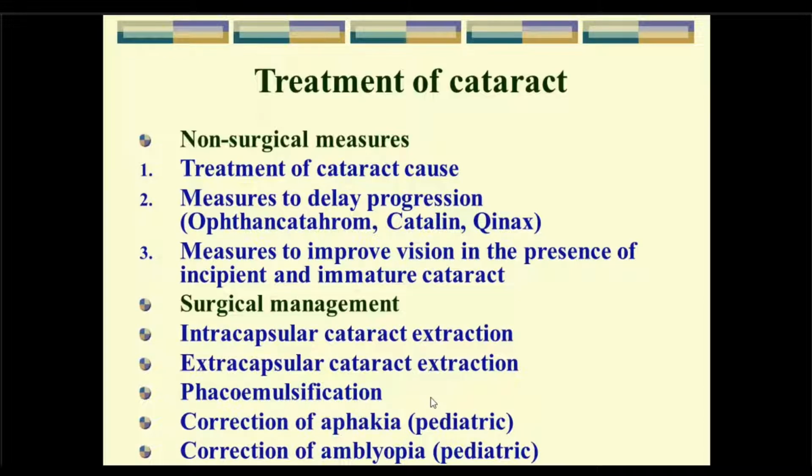For example, if it's a true diabetic cataract, we should treat this diabetes mellitus, prescribe normally insulin therapy and correct other structures such as lipid levels and other metabolic disorders. But in a case of age-related or senile cataract, we know the cause, but we can't treat this cause.